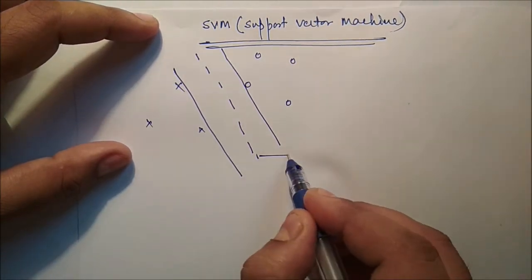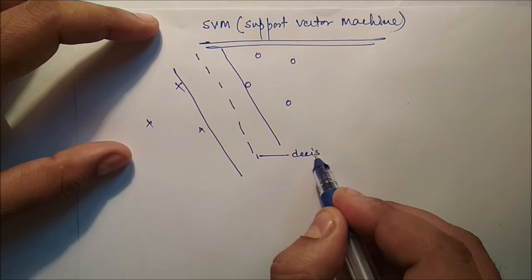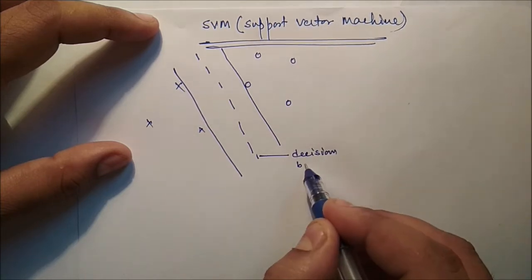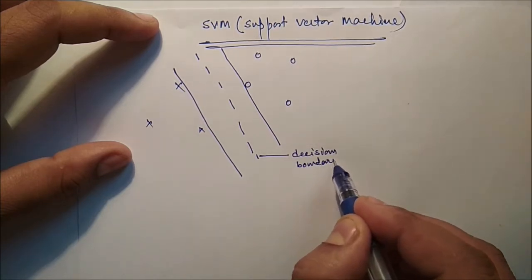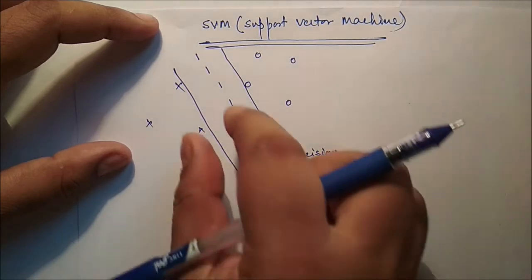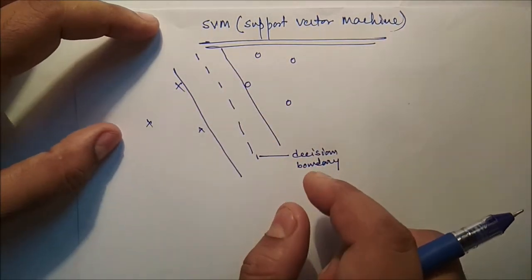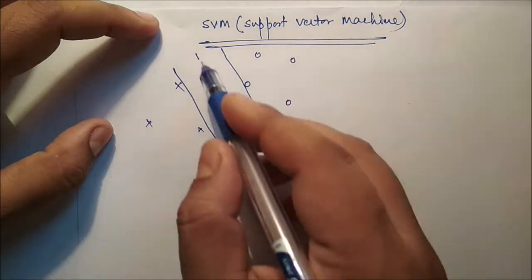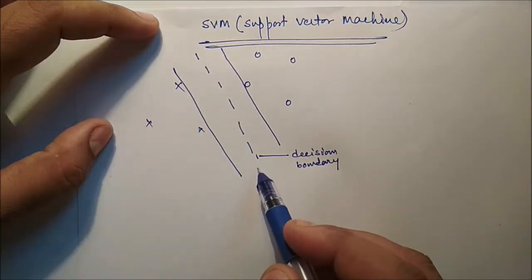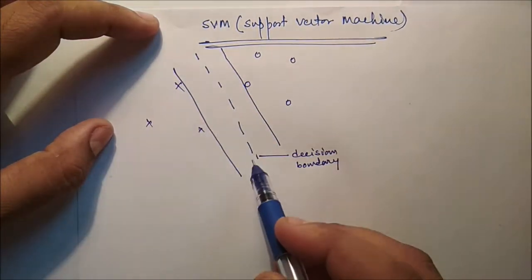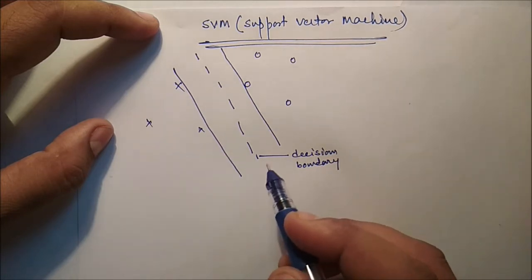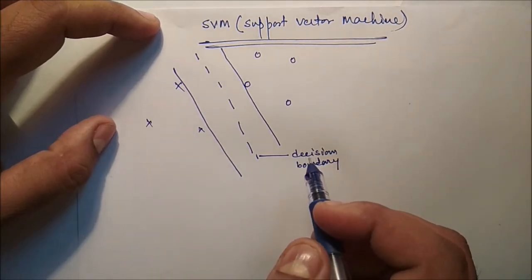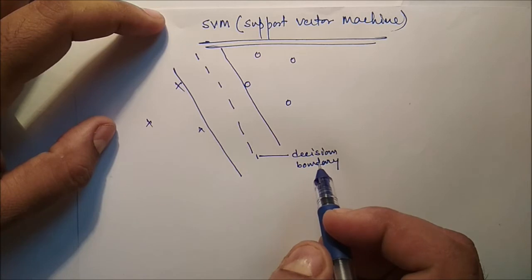It is called the decision boundary, and it is called a hyperplane. Since it is two dimensional, it is a straight line. But if it is three-dimensional, four-dimensional, or five-dimensional data, then we have to use the term hyperplane.